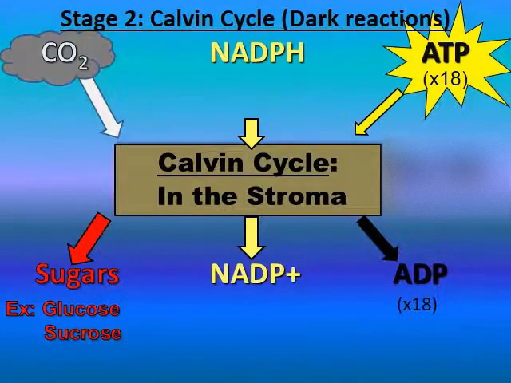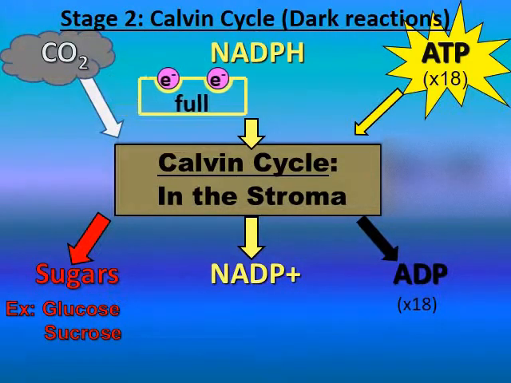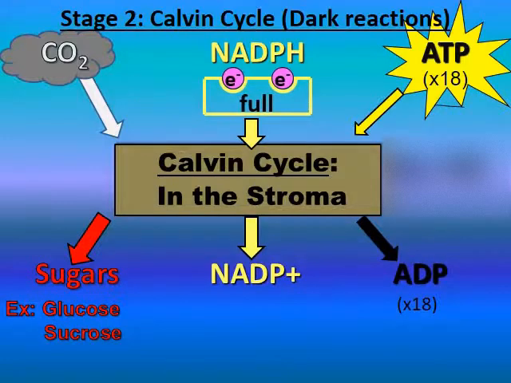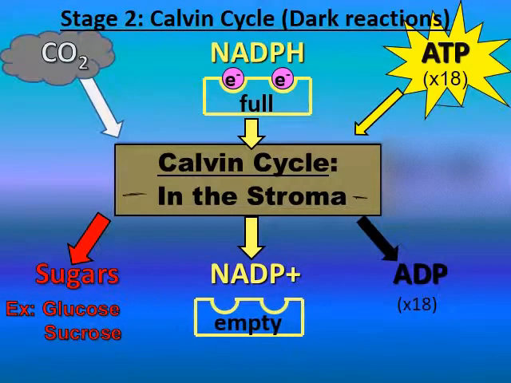Okay, so like I said, the Calvin cycle can also be called the dark reactions. The ATP and the electron carriers eventually make it to the stroma of the chloroplast, that's the space of the chloroplast, and we get an infusion of carbon dioxide into the chloroplast as well, and then out come sugars, again, examples, glucose, sucrose.